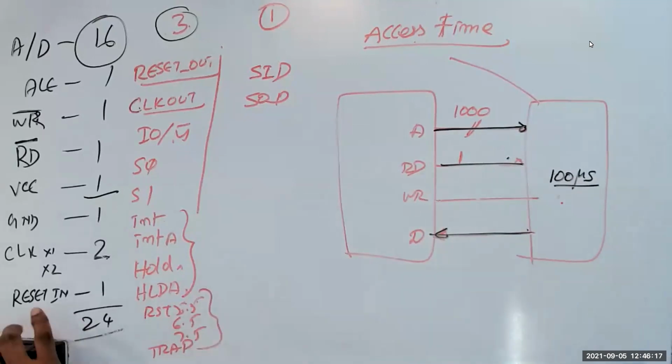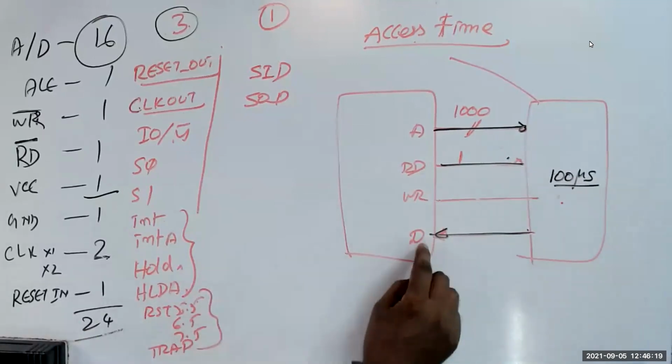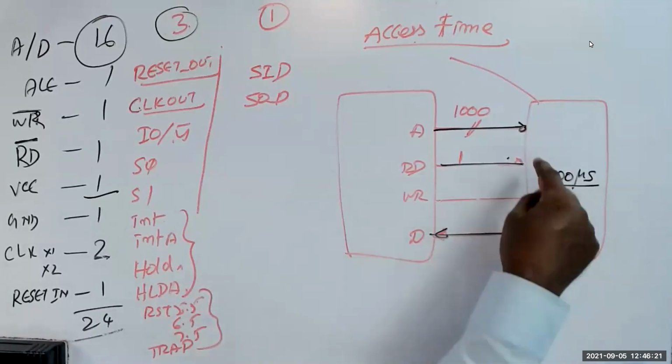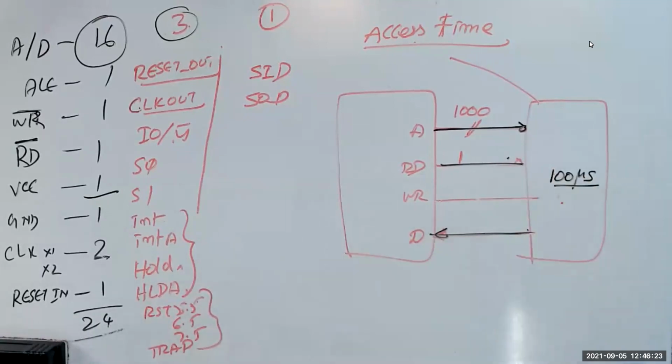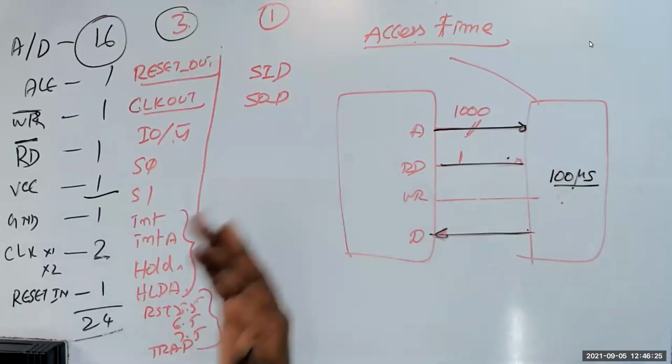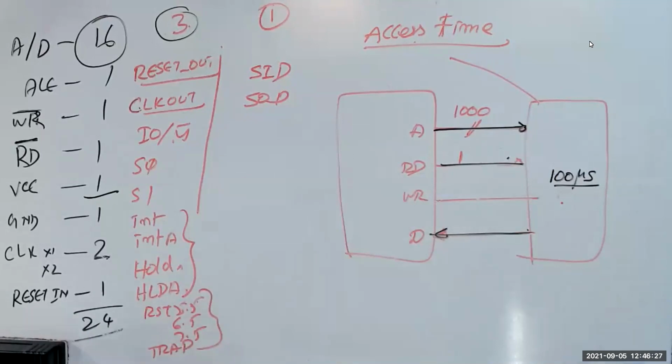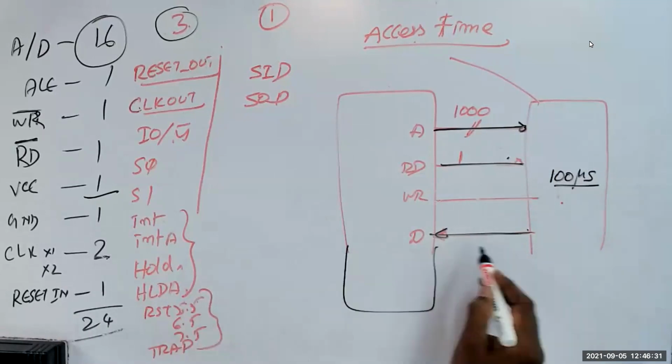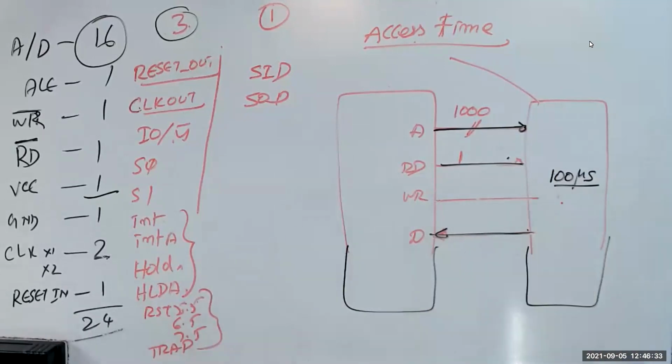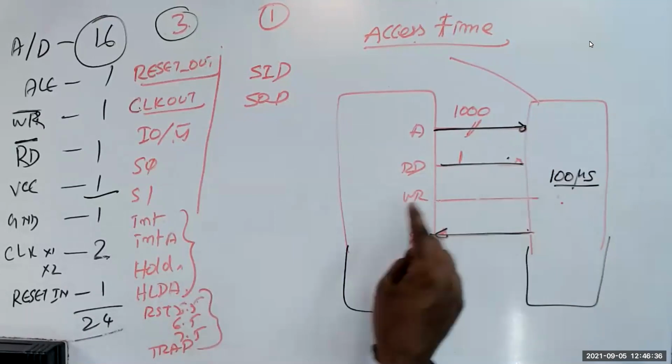But if you accept the data before it gives it, you will accept wrong data. How do you know that this device has given the data or not? That's a trick.